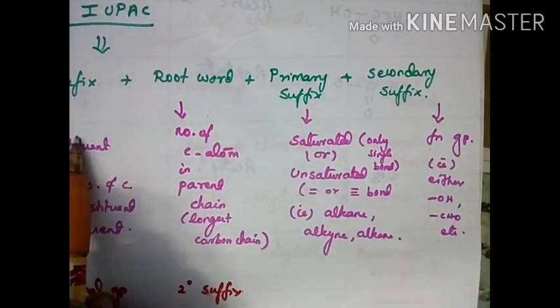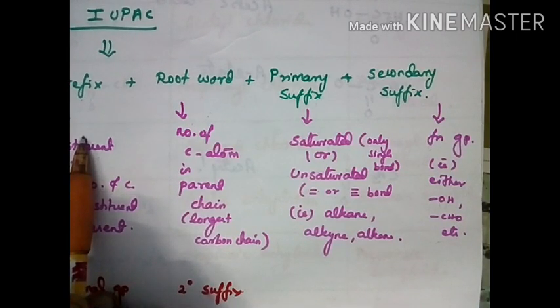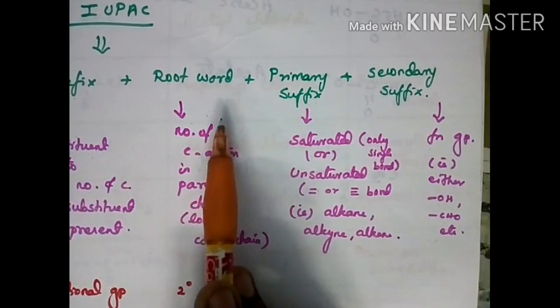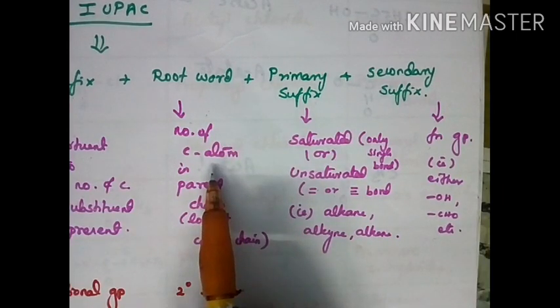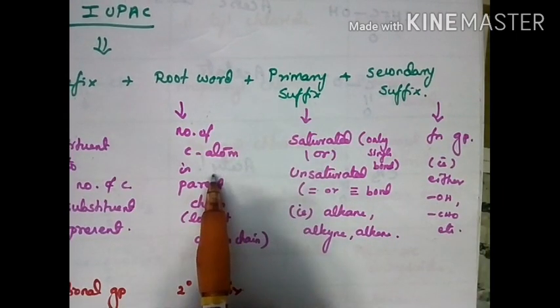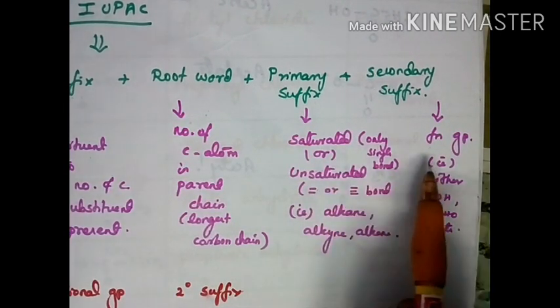Prefix is the substituent, with the number of the carbon to which it is attached. Root word is how many carbon atoms there are in the parent chain, and whether it is alkane, alkene or alkyne. What is our functional group?